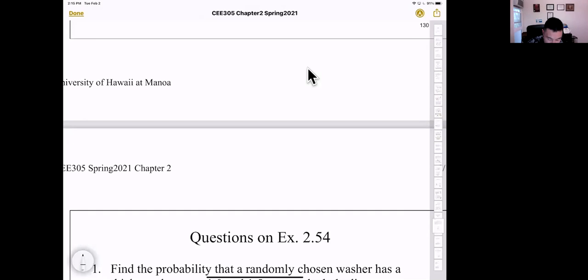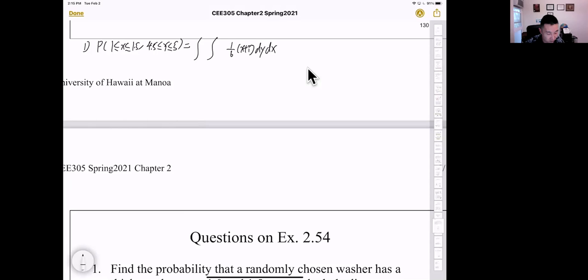Part A, we want to find the probability for x between 1 and 1.5 and y between 4.5 and 5. Based on the density function, we do the integration, double integration actually. So the density function is this, dy dx.